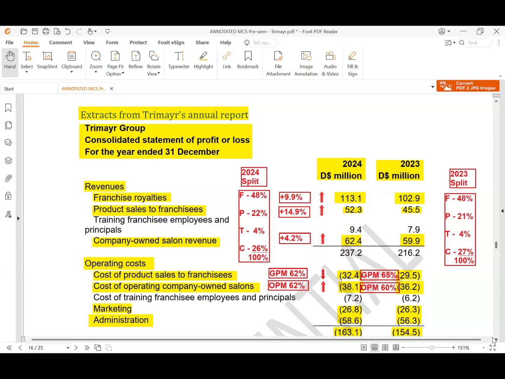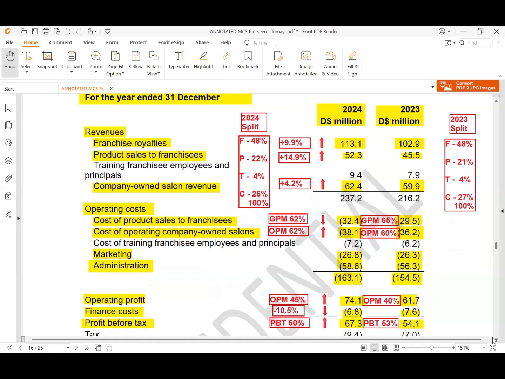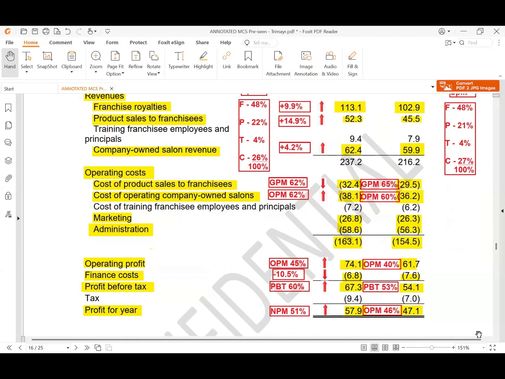Okay, so top part there, nothing overly interesting apart from the fact this is good news. Outside of that, when I say GPM and OPM, what I mean, for example, is we see here cost of product sales to franchise. So I'm literally saying the relationship between that and product sales to franchises.